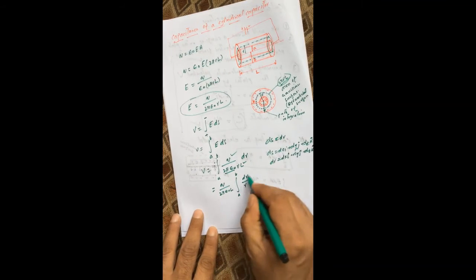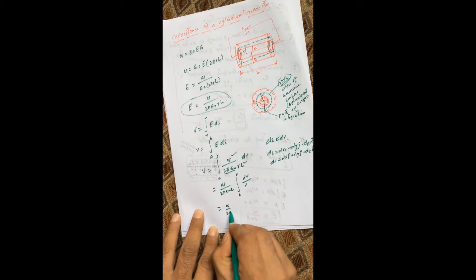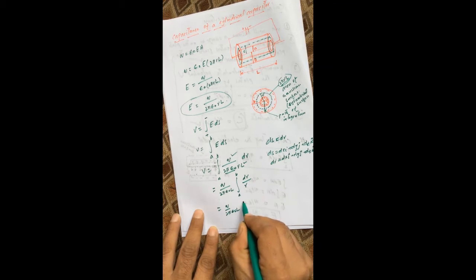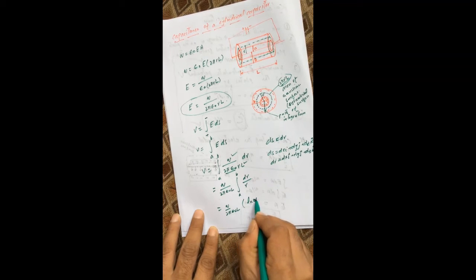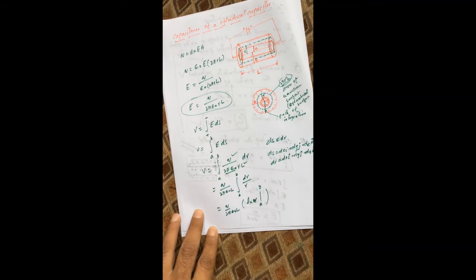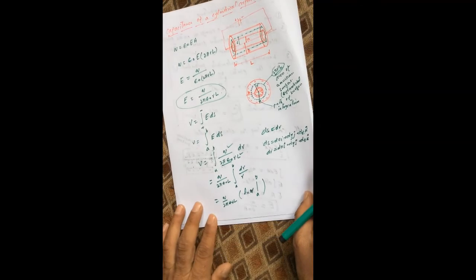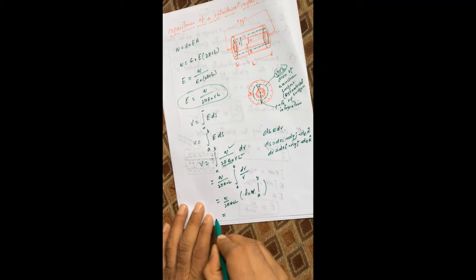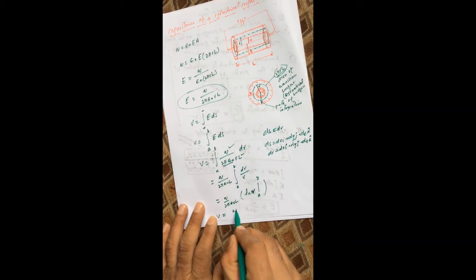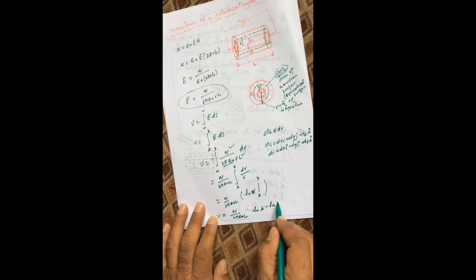The integral of dr over r is natural log of r, ln r, and the limits are from A to B. Now if I put in the limits, the potential is equal to Q over 2 pi epsilon naught L times (ln B minus ln A).